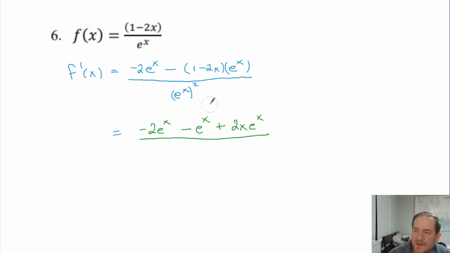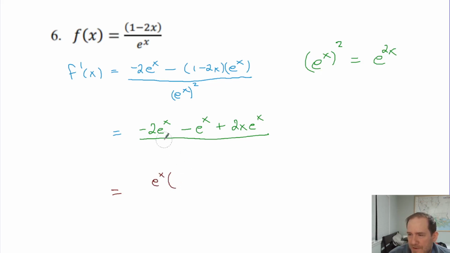Okay, now technically e to the x squared, you could rewrite that as e to the 2x. But that seems a bad idea, because if you kind of plan ahead a little bit, you should probably see that a little ways down the road, we're going to be factoring an e to the x out of all these.